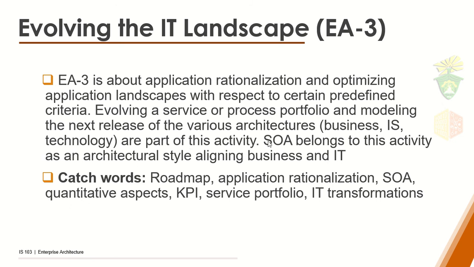We also have the service-oriented architecture that belongs to this activity as an architectural style aligning business and the IT. Catchwords for this core EA activity are roadmap, application rationalization, SOA, quantitative aspect, KPI, service portfolio, IT, and IT transformation.